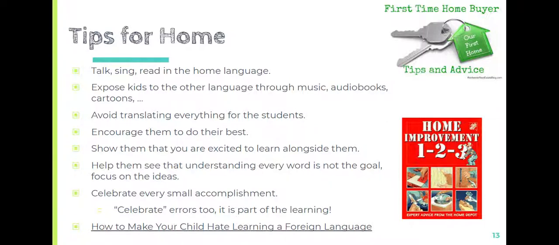If you are wanting ideas of how to expose your child to the other language, to Spanish, teachers, usually around conference time, are sharing resources with parents on music that you can listen to, or resources for audiobooks, cartoons, things like YouTube channels and whatnot, maybe some apps or some websites to look into, so that your child can be immersed a little bit more in Spanish at home, beyond what is being provided through the school, through the classroom.